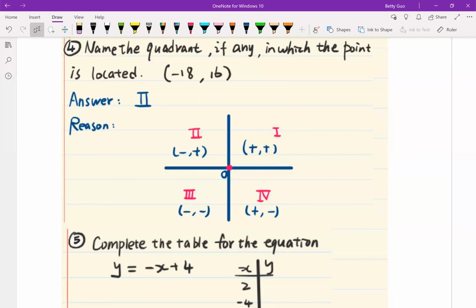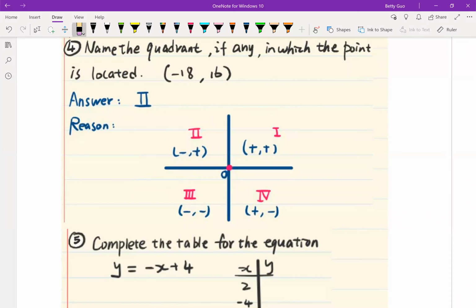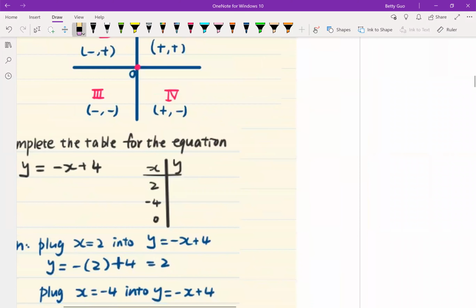Quadrant 3, left bottom, both x and y are negative. Quadrant 4, right bottom, x is positive, y is negative. With this diagram, I believe you can handle number 4. Any questions? If not, let's see number 5.